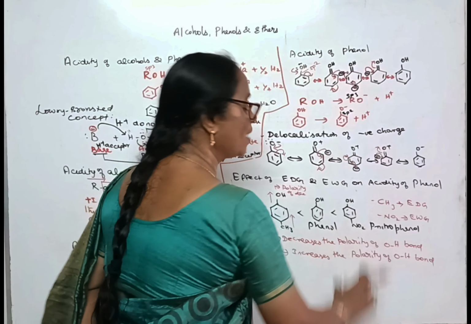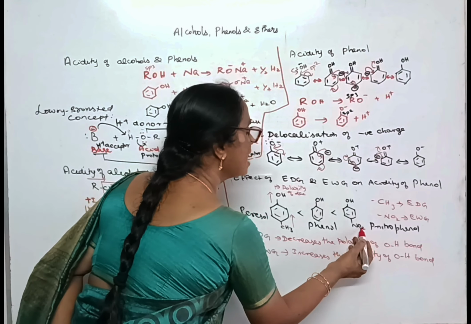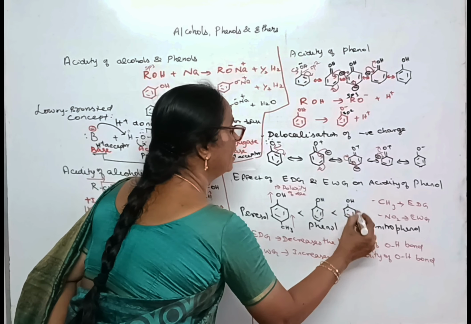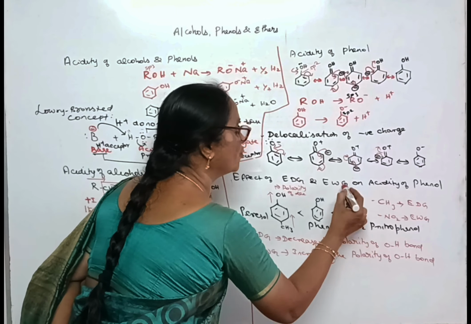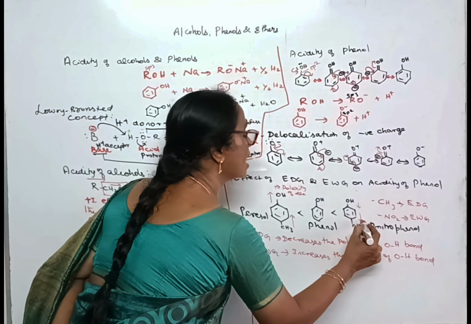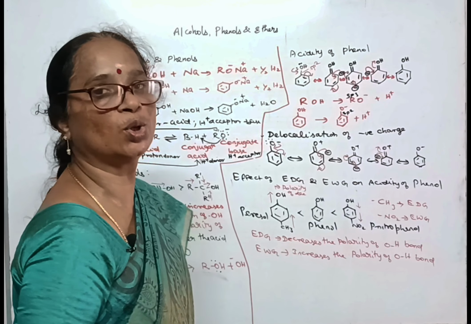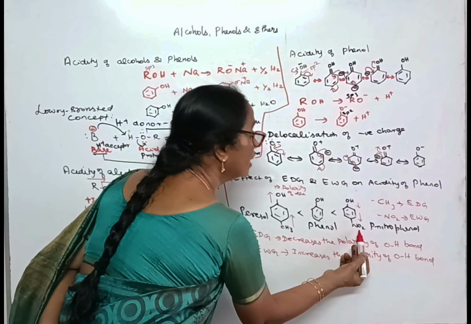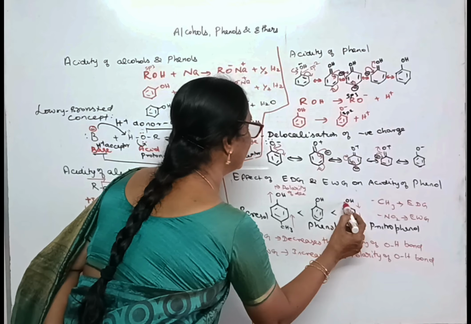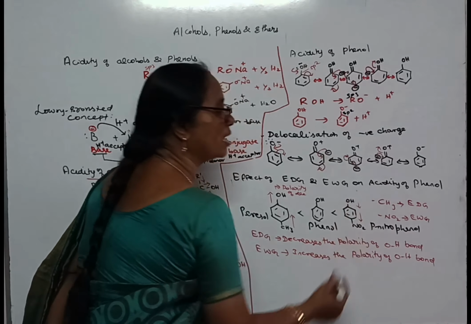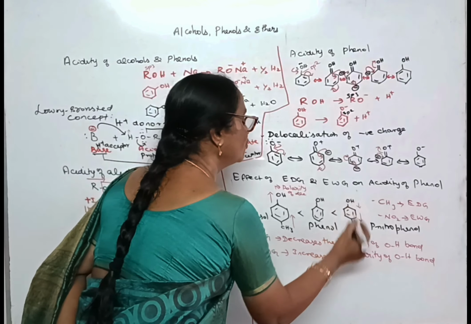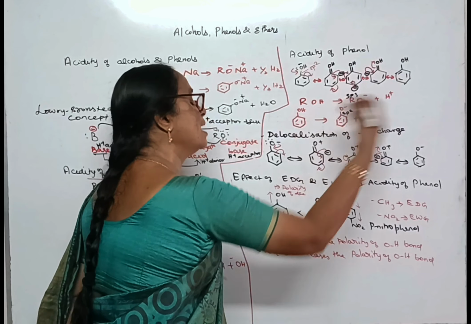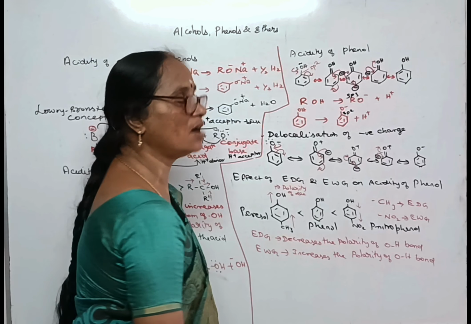In the case of nitrophenol, the nitrogen is more electronegative, and hence the electron density of oxygen is reduced as it is pulled by the NO2 group. So the electron density of oxygen is decreased by the NO2 group, and hence the polarity of the OH bond increases. Therefore, the electron donating group at the para position decreases the acidic character of phenol.